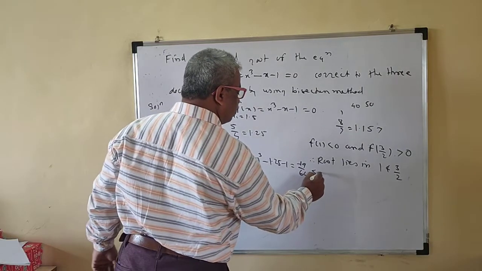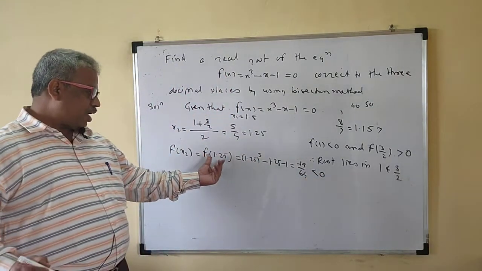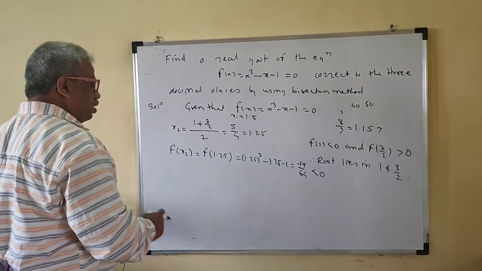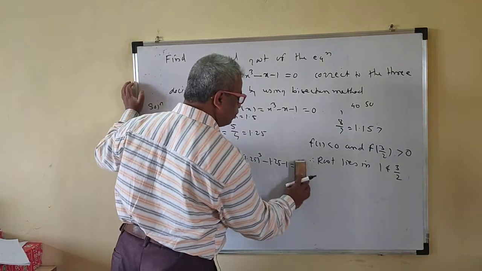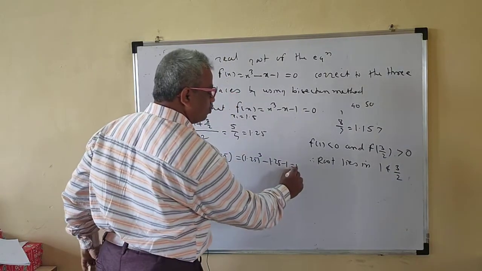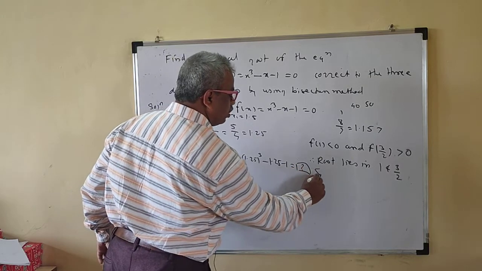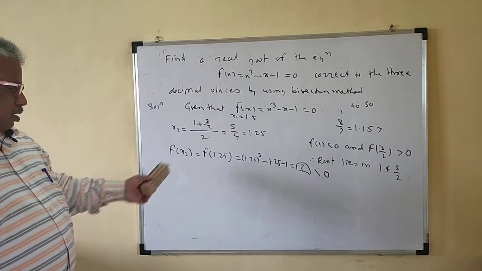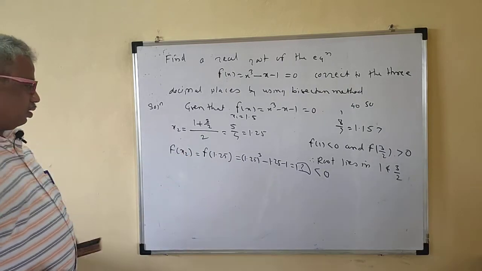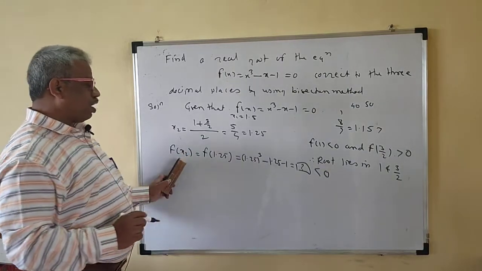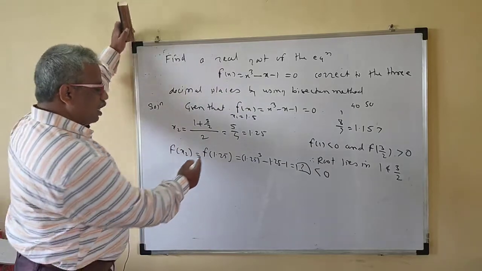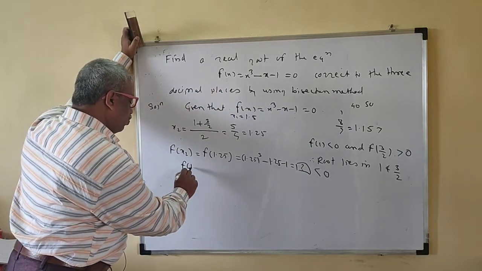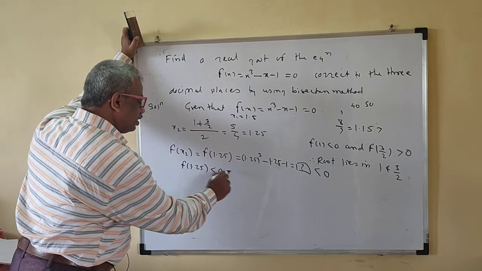This is less than 0. I don't have the scientific calculator, I have just solved this problem. So f of x2 is less than 0. That means f of 1.25 is less than 0.